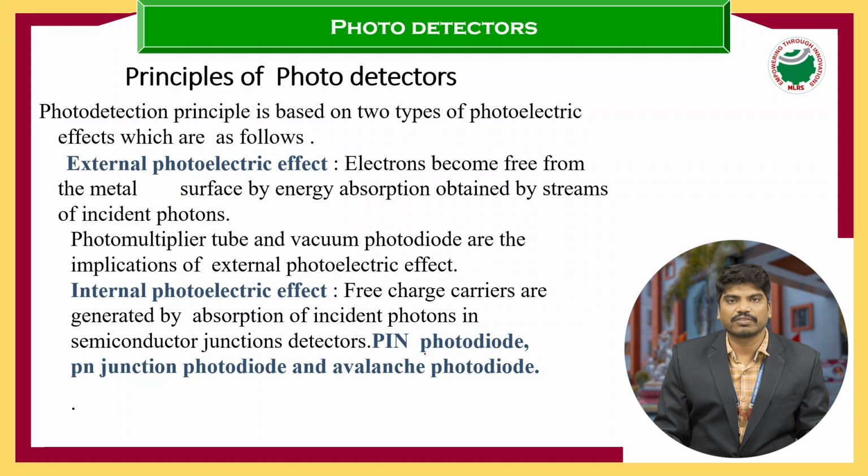All the diodes which we are going to learn soon, the pin diode or avalanche photodiode or some other photodiode, are all related to the internal photoelectric effect. That means when light strikes the pin or PN junction, it will generate electron and hole pairs. These electron and hole pairs lead to the flow of current.